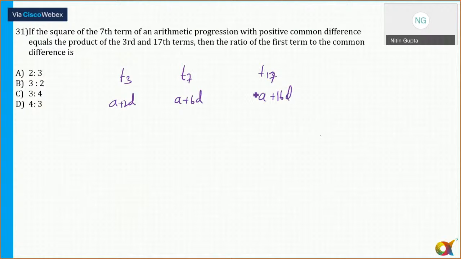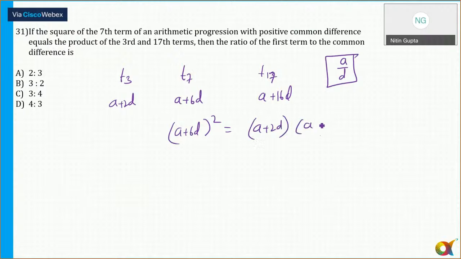Then the ratio of the first term and the common difference. So basically I need to find out what is the value of A by D. Okay, what is the ratio of these two here? So I can say square of this, that is A plus 6D whole square, is equal to A plus 2D into A plus 16D.